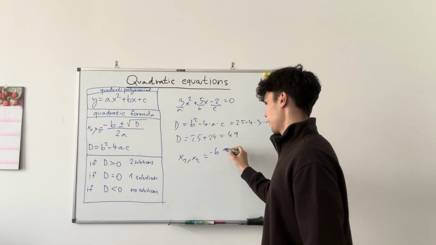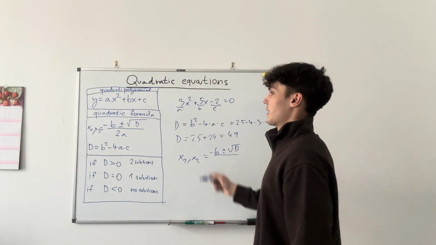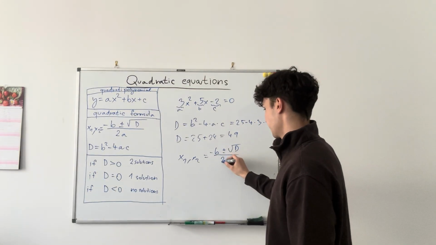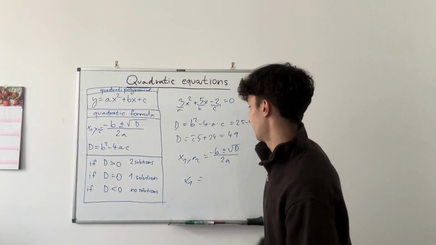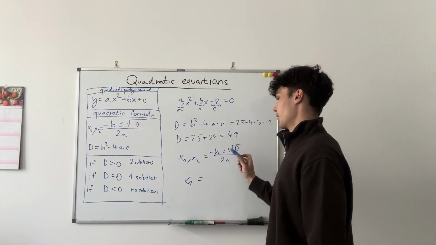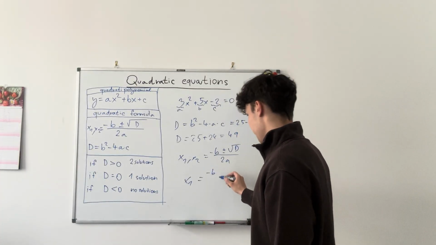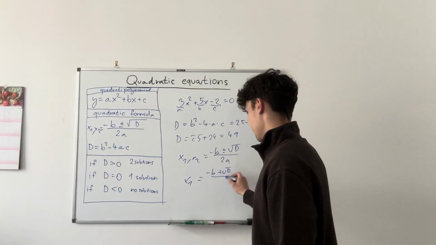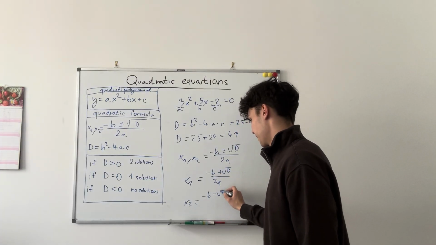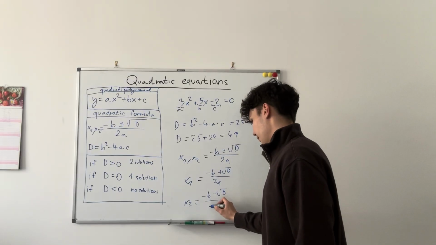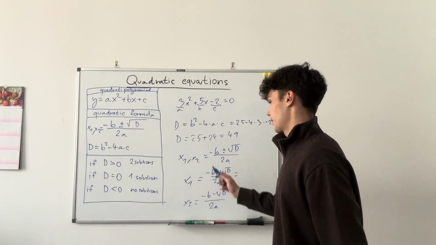Minus b plus minus the square root of d divided by 2a. For x1, we add the square root of d, and for x2, we subtract it. Minus b plus the square root of d divided by 2a, and minus b minus the square root of d divided by 2a. Let's break down the answers.